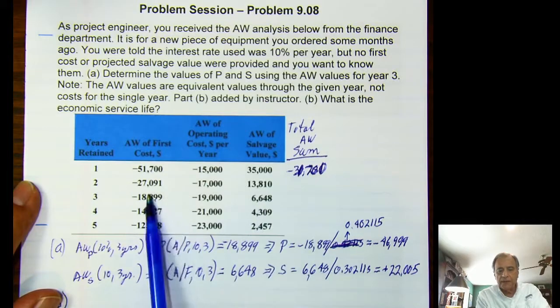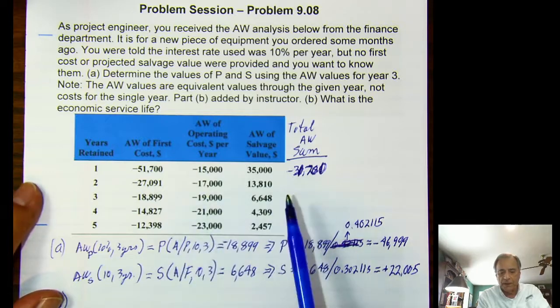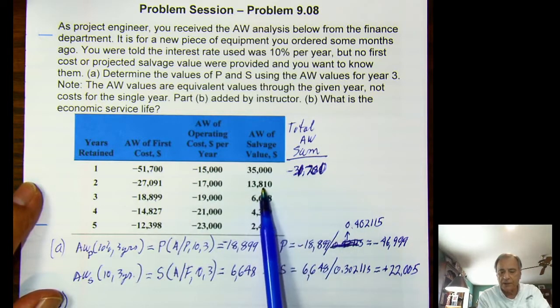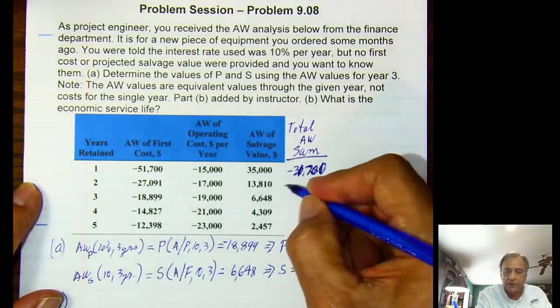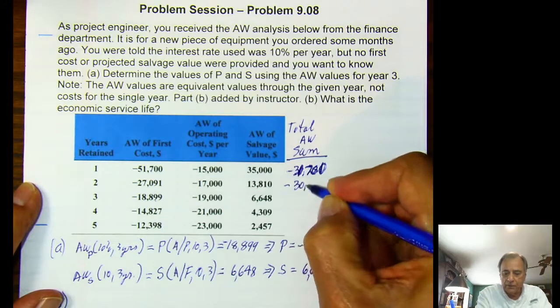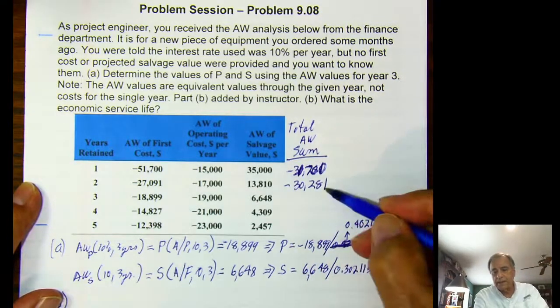Similarly, if I add 27,091 to 17, that's going to give me 44,091, and then I subtract 13,810, and I will get minus 30,281. So that's less than that.